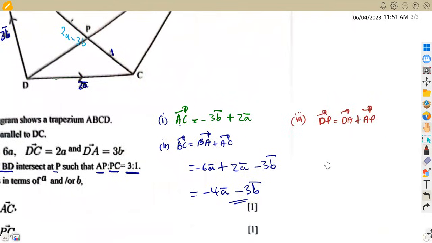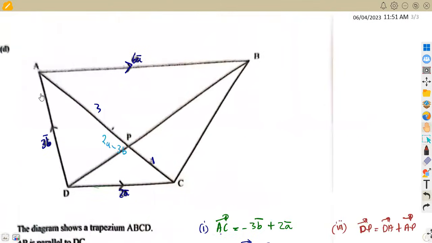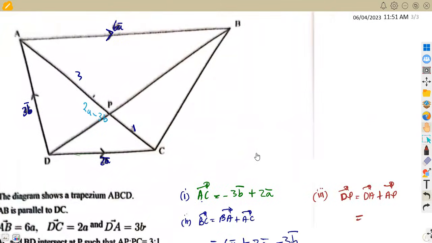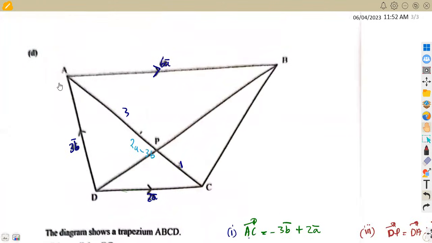So our DP is going to be DA. We take it from the diagram. From D to A, D to A is 3B. We are maintaining the arrow this time. So that will be 3B plus AP, which is 3 out of 4 parts of AC, because AP is 3 parts but the whole of AC has got 4 parts.